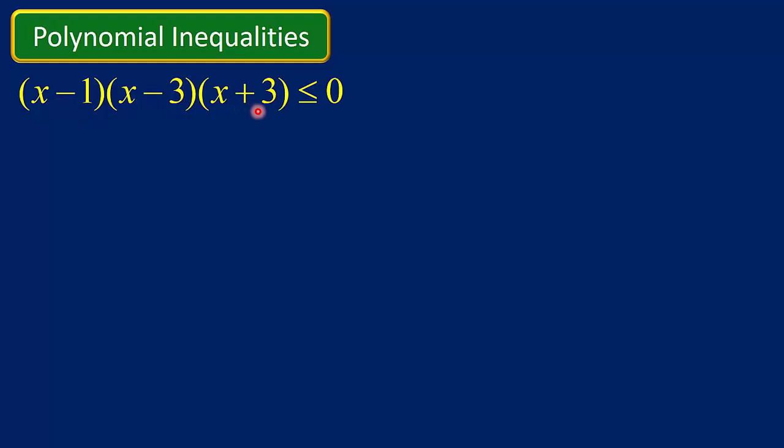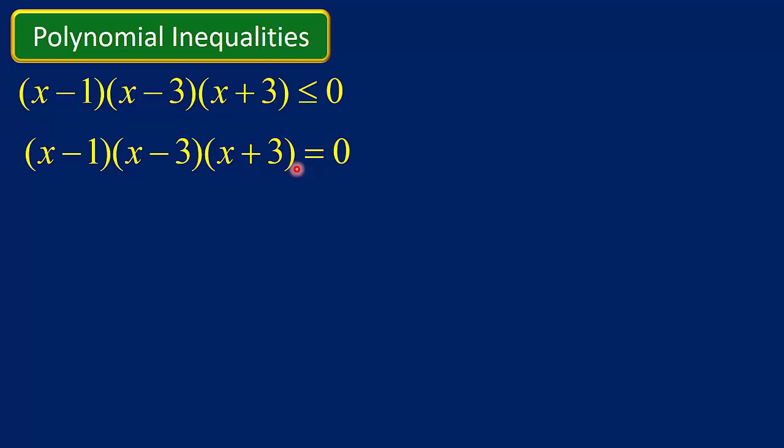So let's proceed this way. Without looking at the graph right now, let's think about where this graph is just 0, because it says less than or equal to 0. Wherever this is equal to 0, that's going to be a transition point, right? Because polynomials are continuous.